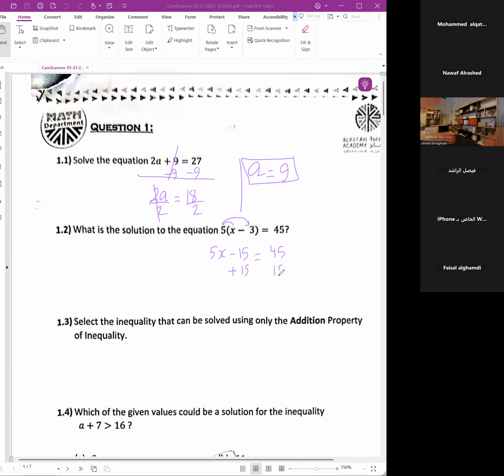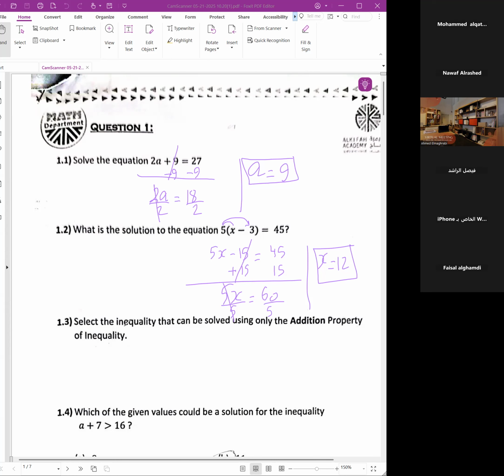Now 5x equals 60. Then we divide by 5 on both sides. We're gonna get that x equals 12. That means if there's a choice here, x equals 12, select it, and this is the final answer.